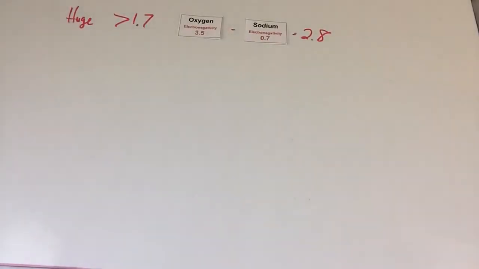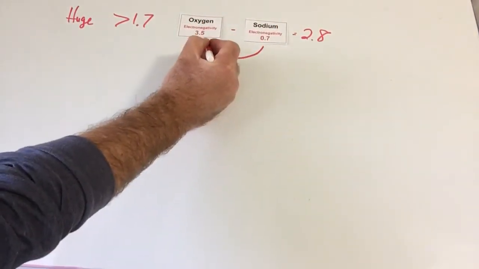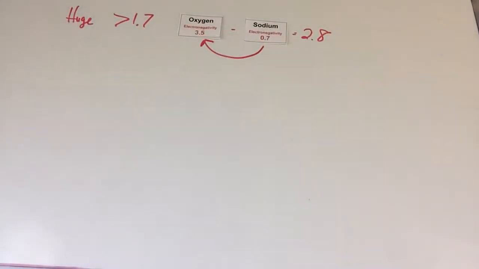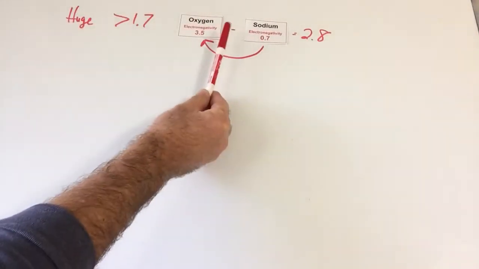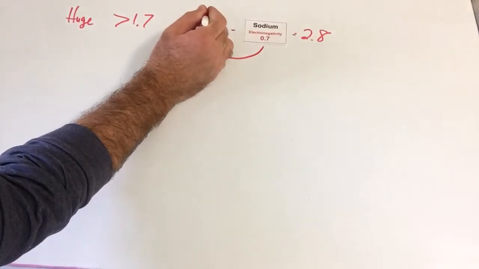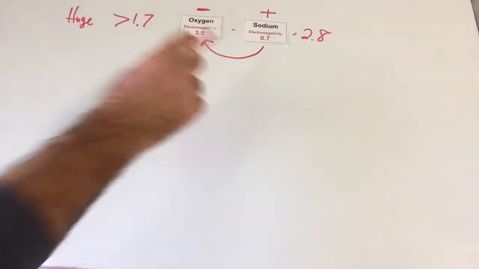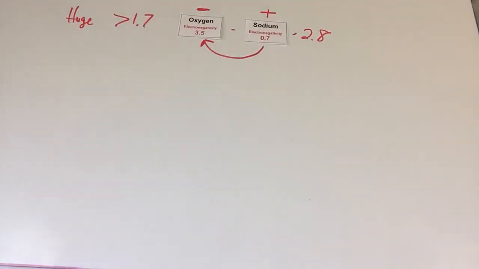What that means is that all of the free electrons are going to go to oxygen, and oxygen will take on a full-time negative charge. And that will leave sodium with a positive charge.